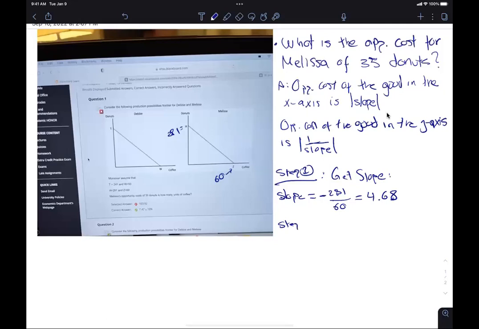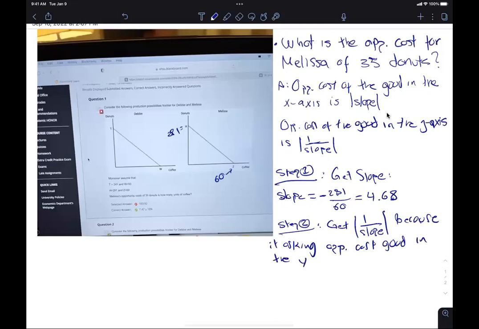So step 2 is get 1 over the slope in absolute value. I'm going to go ahead and remove the negative sign already, because it is asking for the opportunity cost of the good in the y-axis. I know I'm repeating myself, but just to make sure that it's clear.